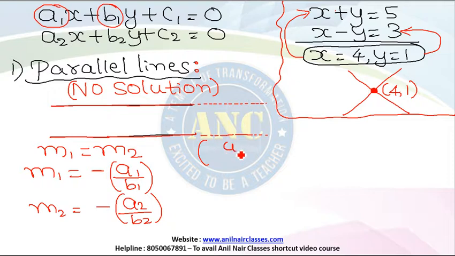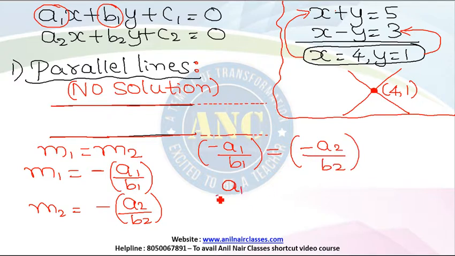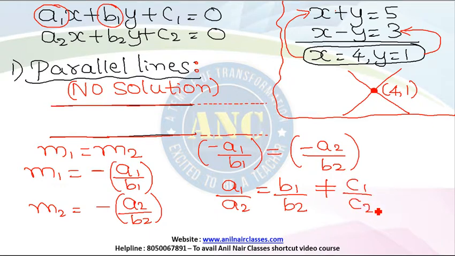If I equate minus a1 by b1 is equal to minus a2 by b2, minus will cancel out and you are left with a1 by a2 will definitely be equal to b1 by b2, and this will definitely not be equal to the constant value c1 by c2. This is exactly what I told you sometime before also.